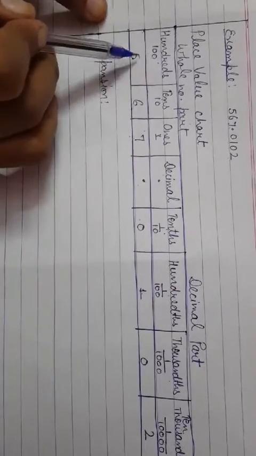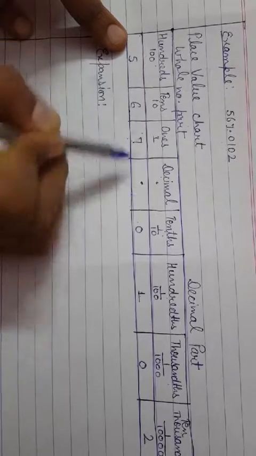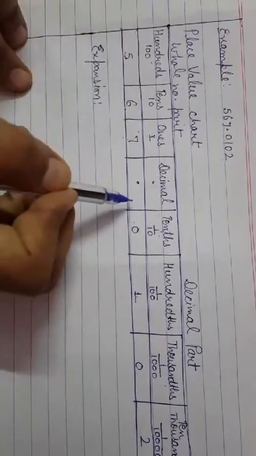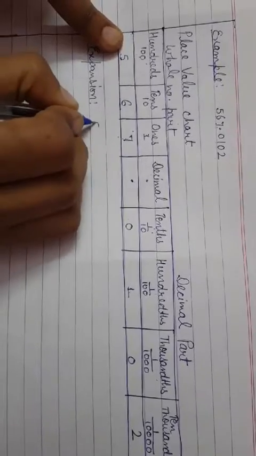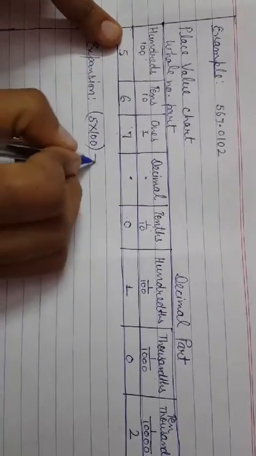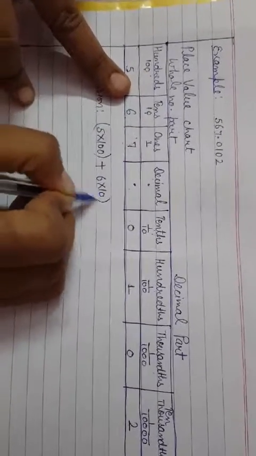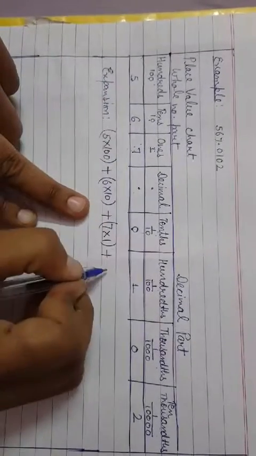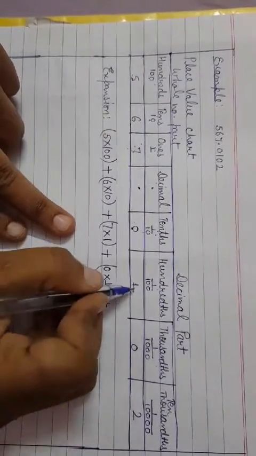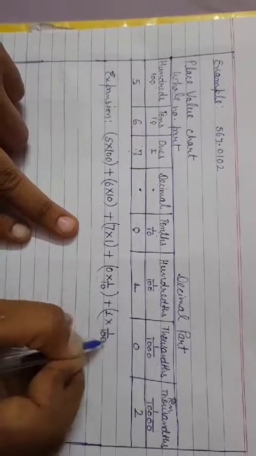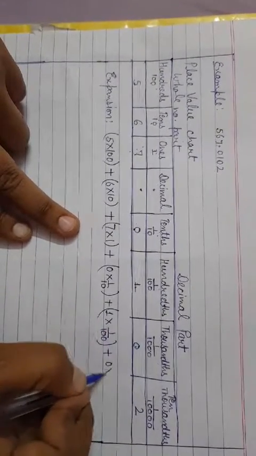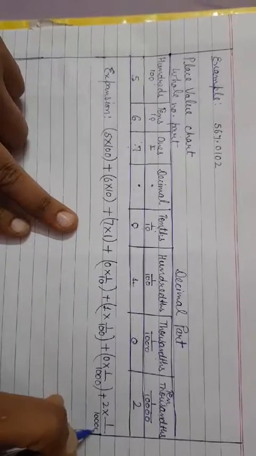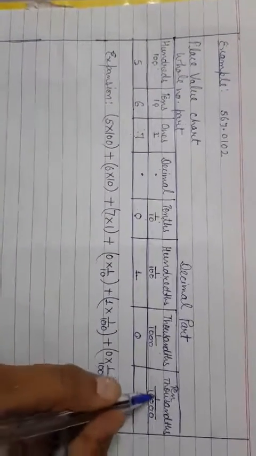So first of all, 5 into 100 plus 6 into 10 plus 7 into 1 plus 0 into 1 upon 10 plus 1 into 1 upon 100 plus 0 into 1 upon 1000 and then 2 into 1 upon 10,000. Place value of 2 is ten-thousandths.